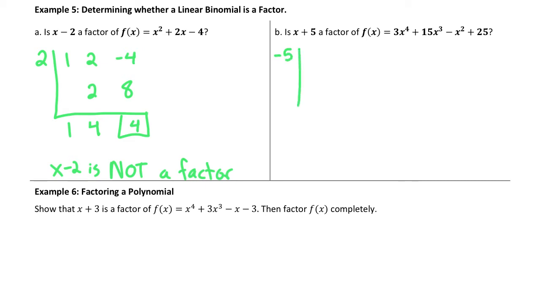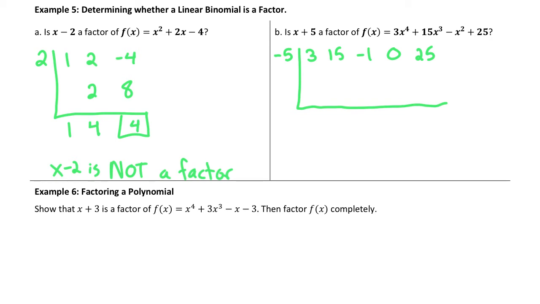Substitute in -5 to test it out. So this progression goes 3, 15, -1, 0, and 25. The reason it is 0 there is because we skip a degree, okay, from x squared to the constant.